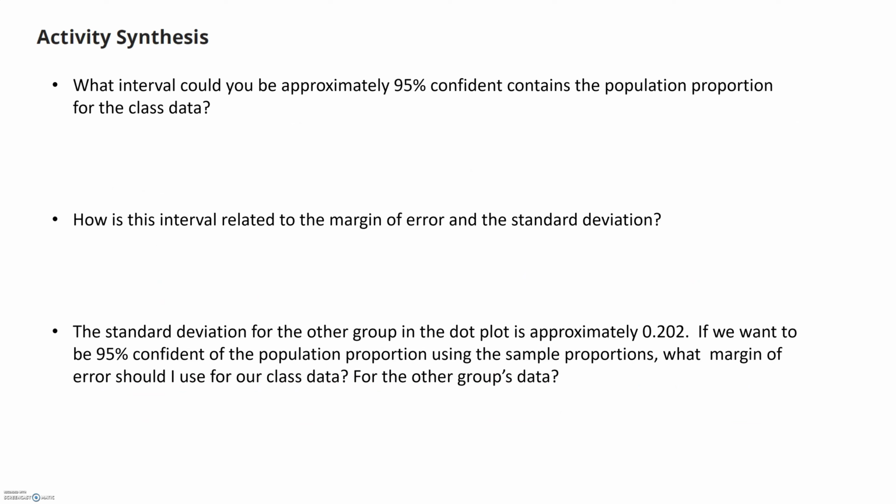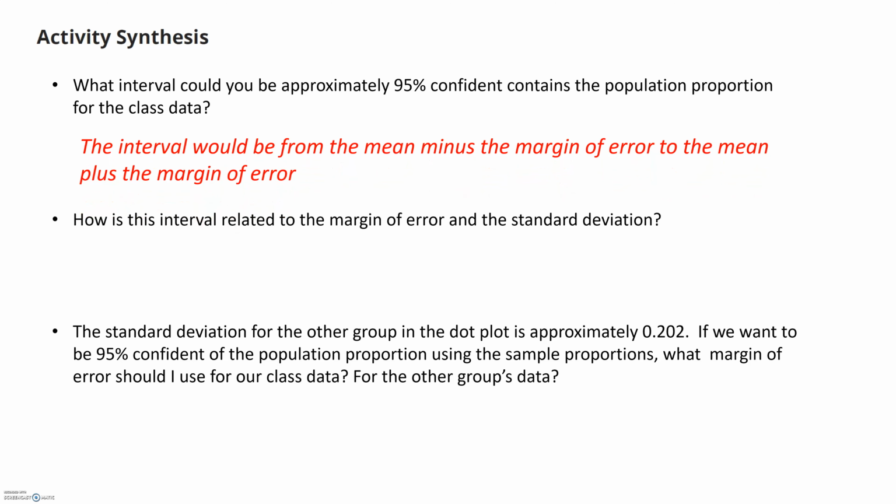What interval could you be approximately 95% confident contains the population proportion for the class data? Well, remember that 95% means, in the case of the standard deviation, 2 above and below the mean. So the margin of error is twice the standard deviation.